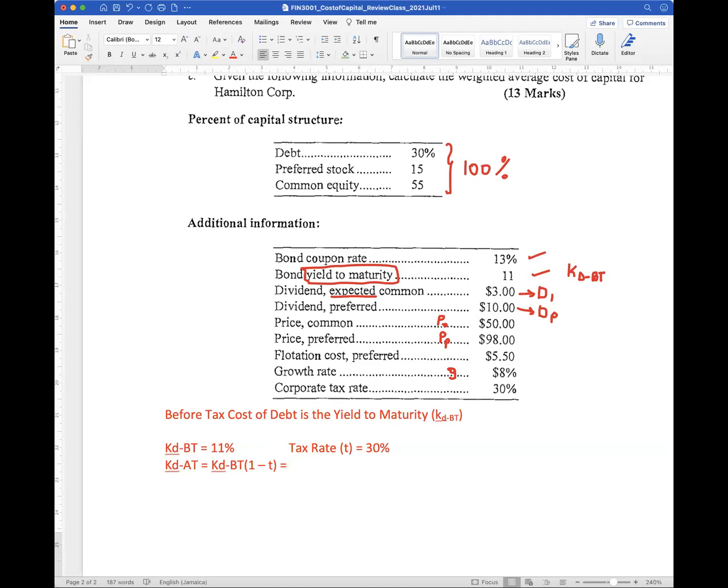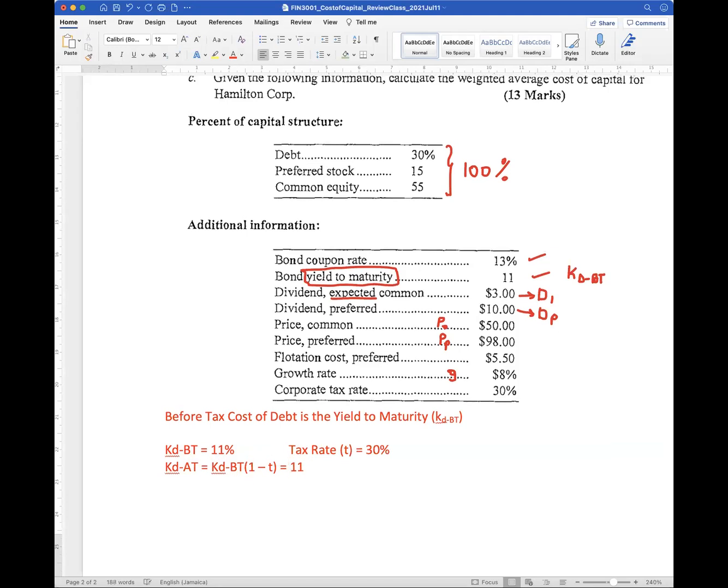So we have 11% times 1 minus the tax rate. The only thing we use a percentage for is the interest rate. Everything else we use decimals, so 30% is the same as 0.30.